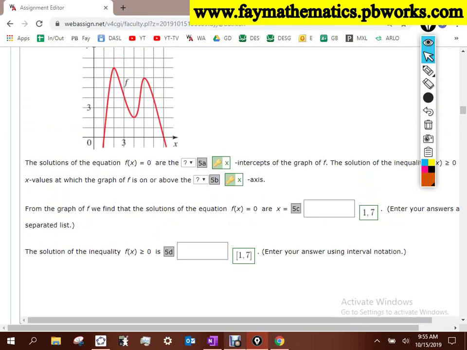All right, so the solution of the inequality f of x is greater than or equal to 0. So this is 0, right across. That would be equaling 0, right? So this is saying for your function, when are the y values of your function above that y value?